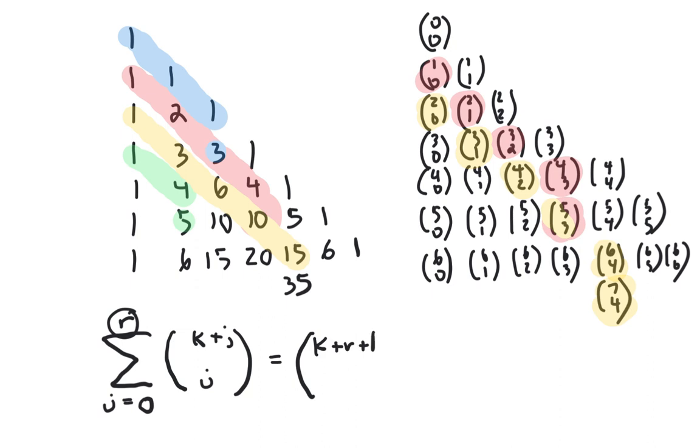And the choose here is going to be the last thing that we wrote down, so it's going to be r. So that's our conjecture from what we've noticed in the triangle. And let's say here we need that k and r are both non-negative, and that should be fine. Okay, on the next slide, let's prove this.